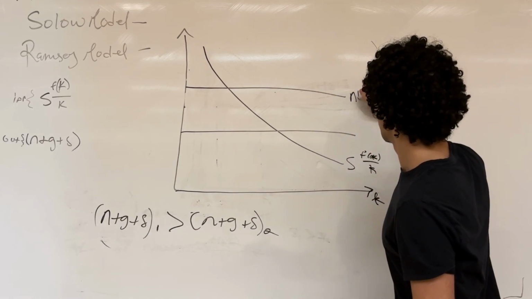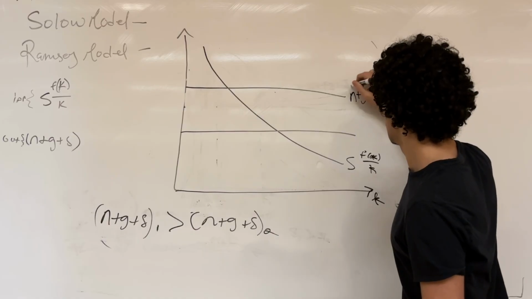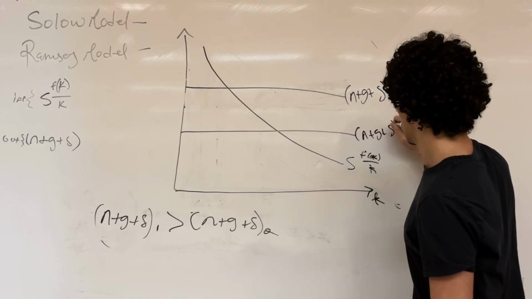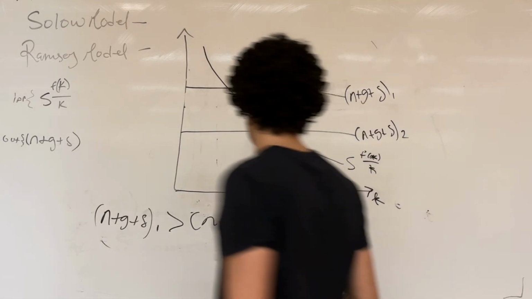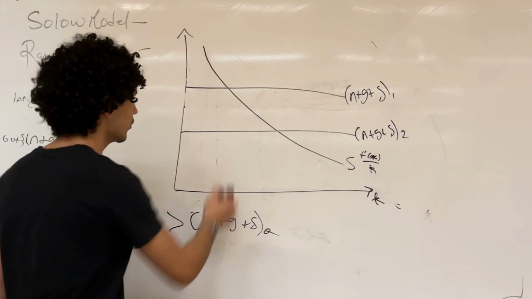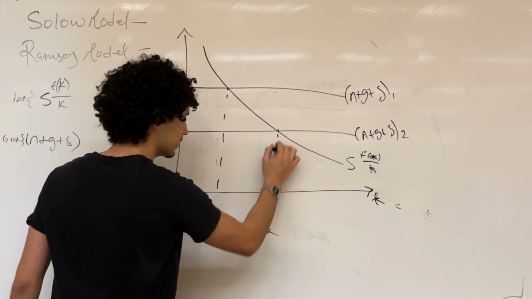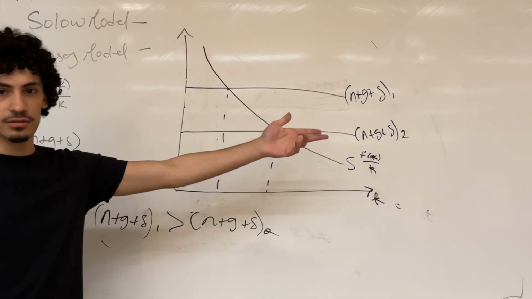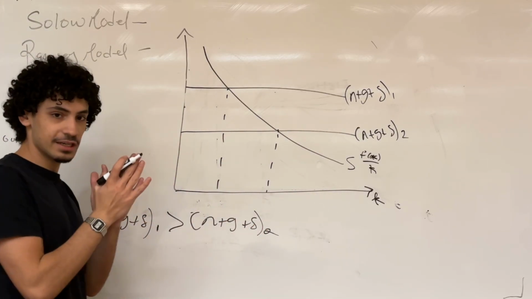So n plus g plus delta of 1, 2. So here they have higher growth rate. The steady state of the country with the higher growth rate, which is assumed to be the poor country, is much less than the one with less growth in population, because they have less outflow, which makes sense. They're accumulating the same capital.